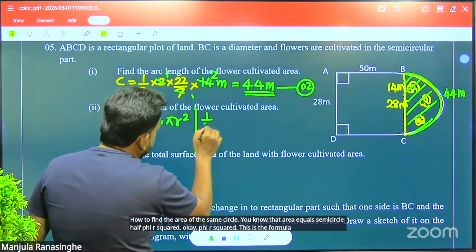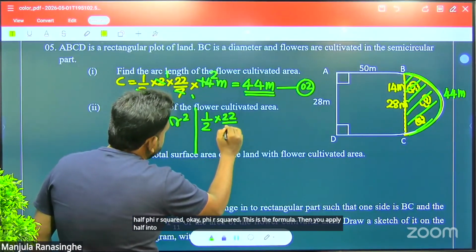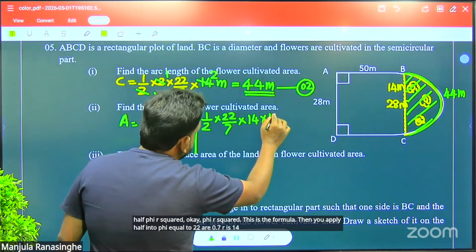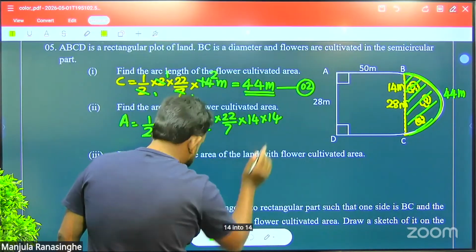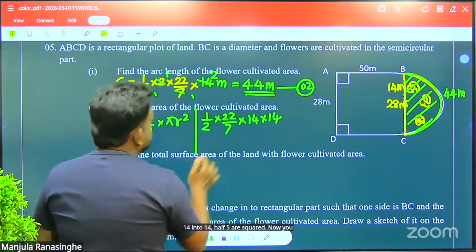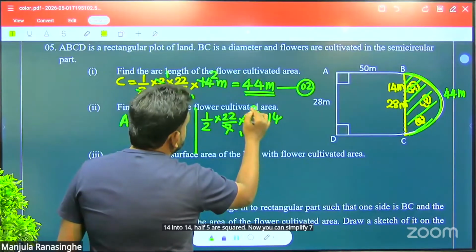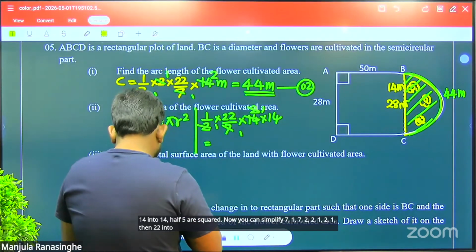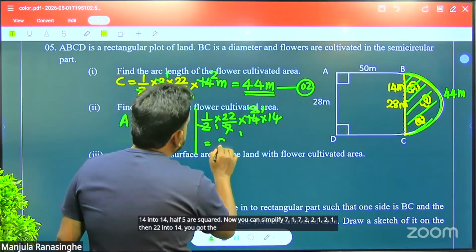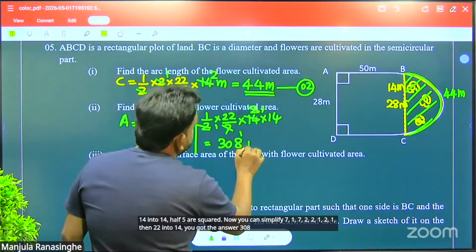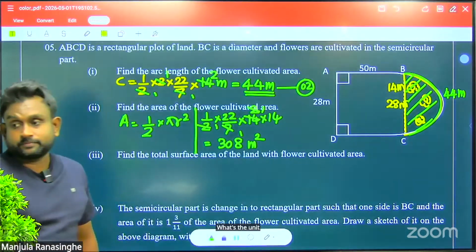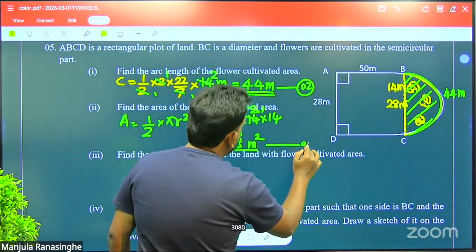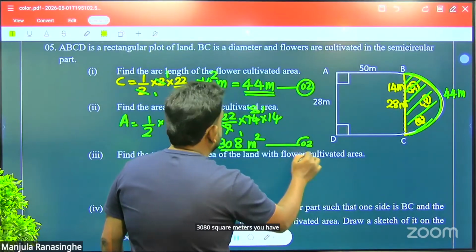Then you apply: half into π, π equals 22 upon 7, r is 14, 14 into 14. Now you can simplify 7 ones are 7, 7 twos are 14. Then 22 into 14, you get the answer 308. What's the unit? Square meters. 308 square meters. You have another 2 marks.